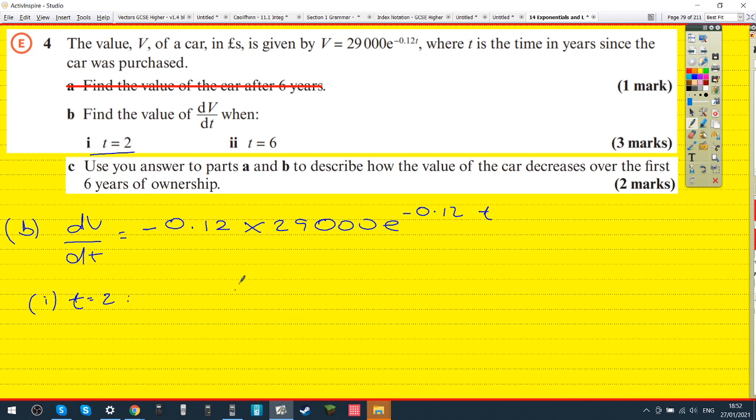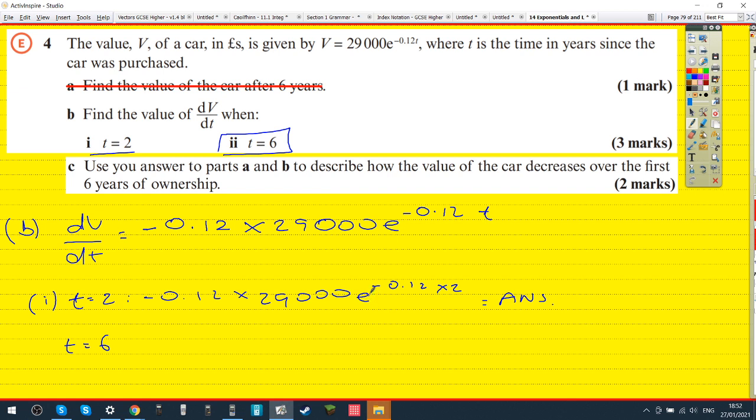You substitute 2 for t. And so it would be minus 0.12 times that, and you'd get your answer. How about this one? Same but with 6 then? Yep, so just sub in 6.